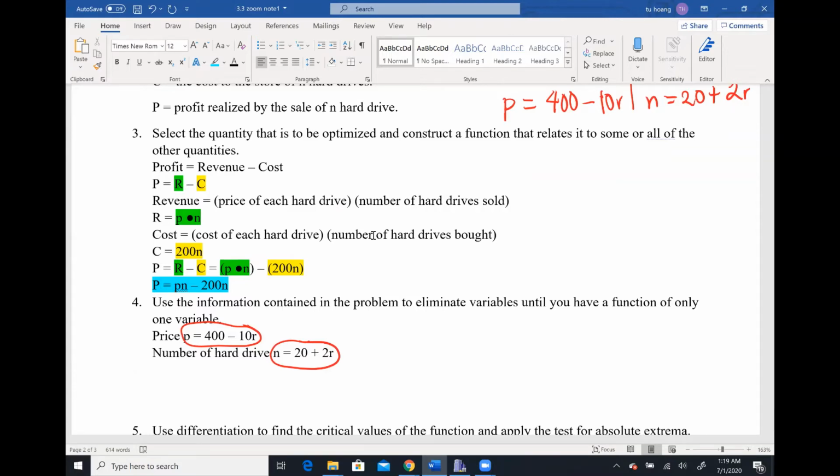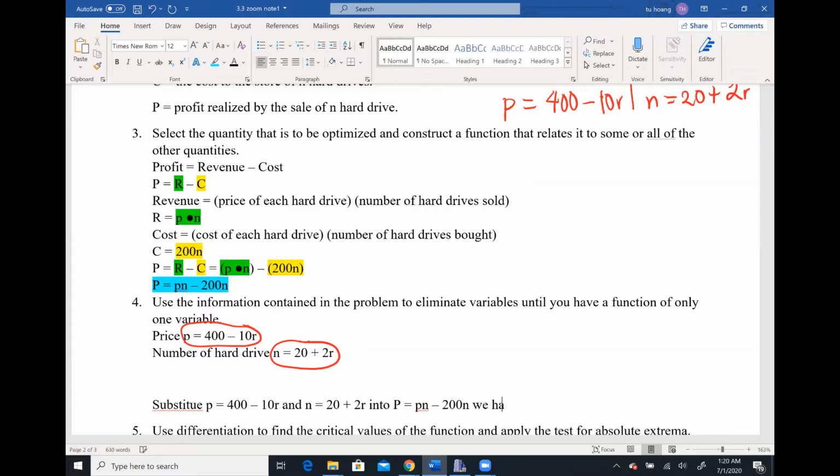So substitute P equal to 400 minus 10R and N equal to 20 plus 2R into the profit P equal to Pn minus 200N.